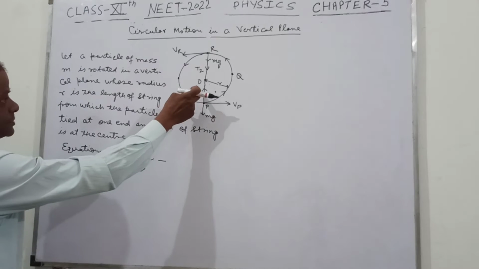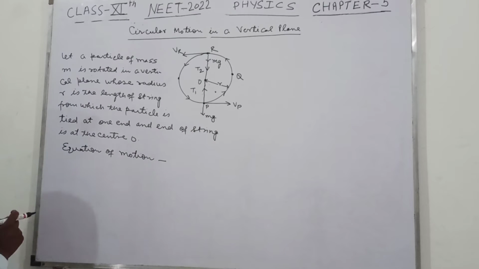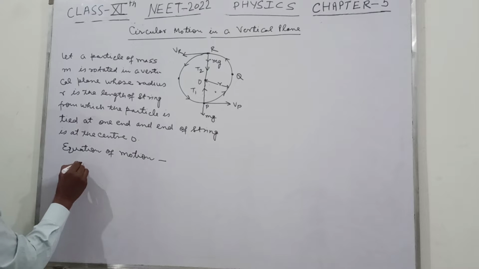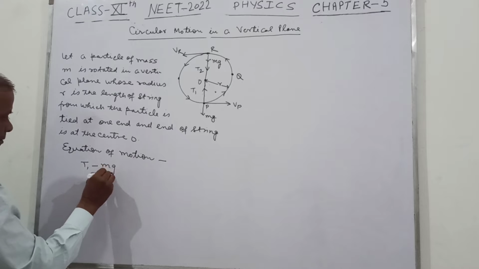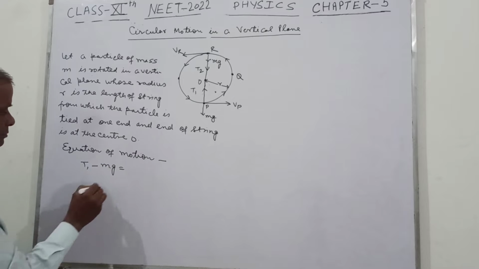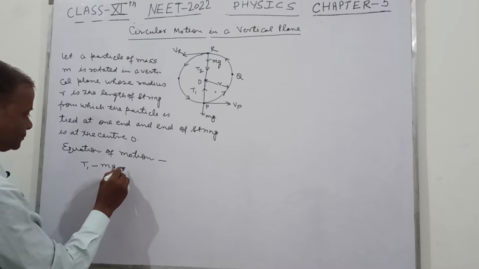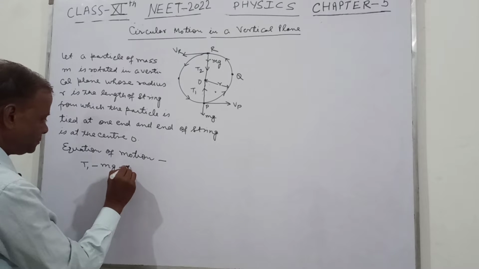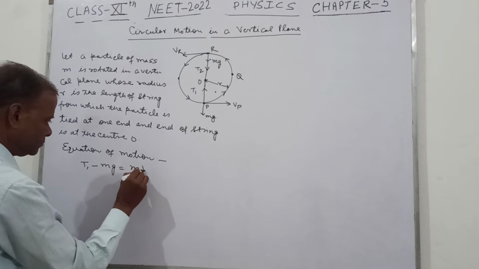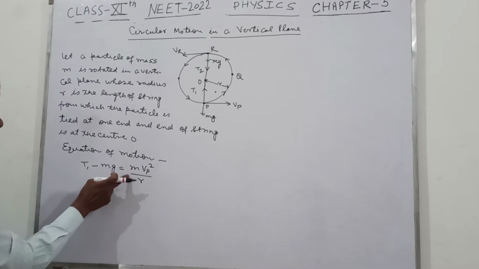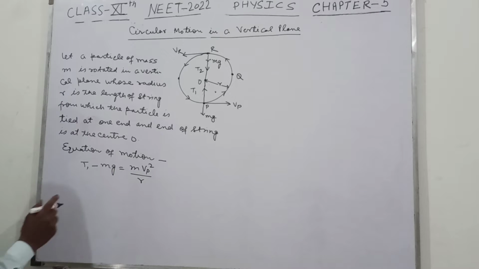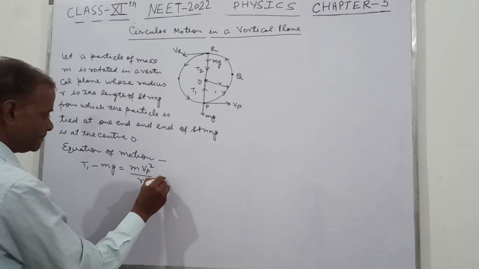So now T1 is greater than mg, so T1 minus mg is equal to m vp square upon r. This is our centripetal force. This is our equation number 1.